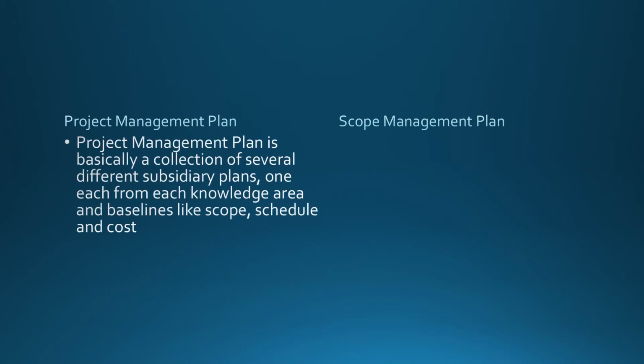So project management plan, and I'll share the link below in the description. You can check out the entire playlist where we have discussed project management plan. But just to repeat the very basic definition and understanding that you should have of project management plan: it is a collection of several different subsidiary plans, one subsidiary plan from each knowledge area, and it also contains baselines like scope, schedule, and cost.